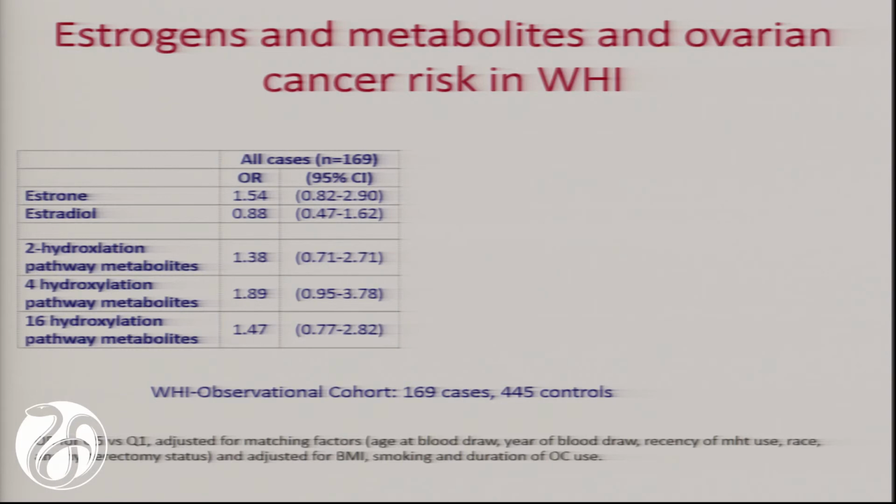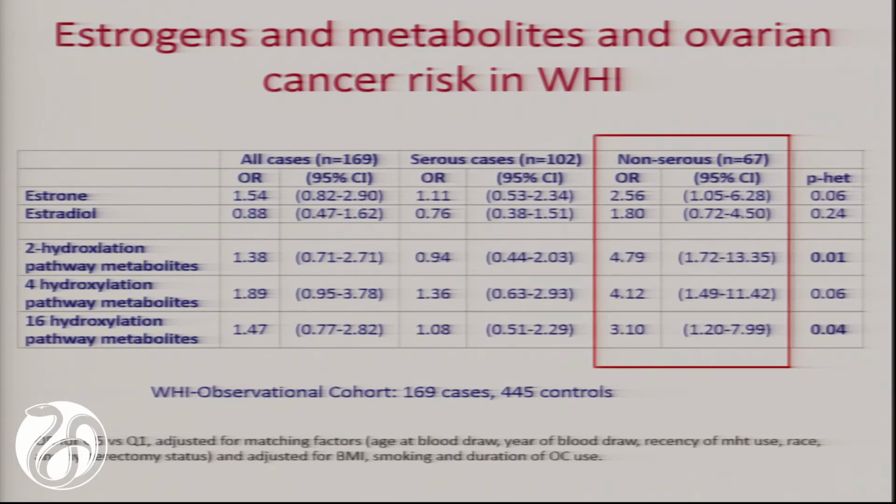I don't want to show you all 15 individual analytes, but the picture is very similar. But if we stratify again for serous versus non-serous cancers, we see a really strong association for most of those estrogens and metabolites for the non-serous cancers, and really not much going on for the serous cancers.